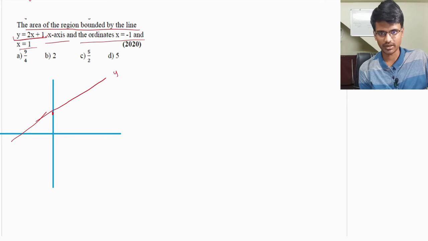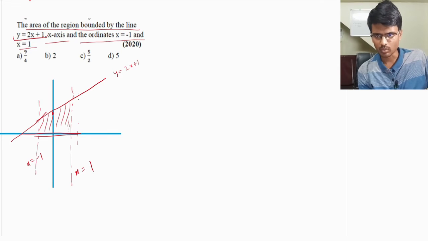This is my y equal to 2x plus 1, and x equal to -1 and this is my x equal to 1. Sorry, I'll make it a little bit closer. They are asking us the x-axis. What is my x-axis? The x-axis is nothing but this one. So we have to find this area.